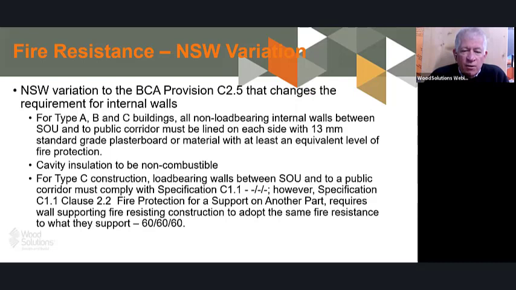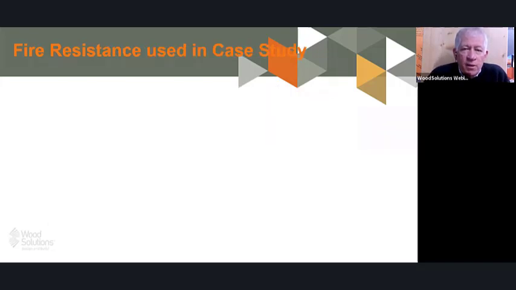So if the design was that the walls weren't load bearing, then it only requires a standard grade plasterboard as the wall linings. But if the walls are supporting the floor, then they are required to be 60 minutes. And so that gives you some requirements, which takes a little bit of reading within the NCC to understand, that determine our fire resistance use in this building.